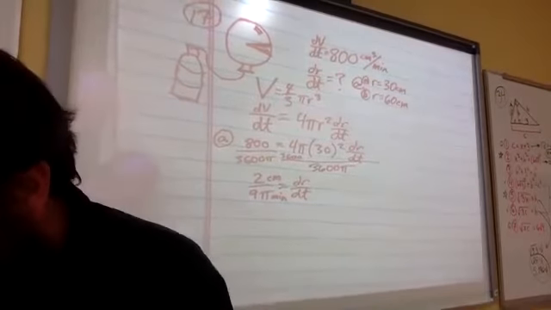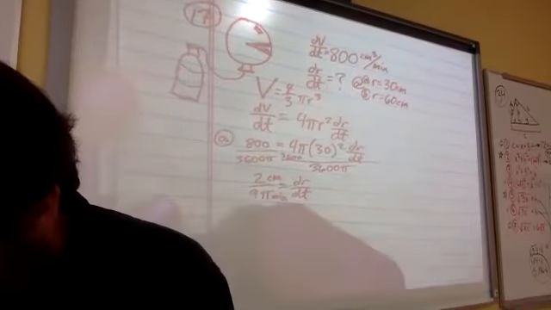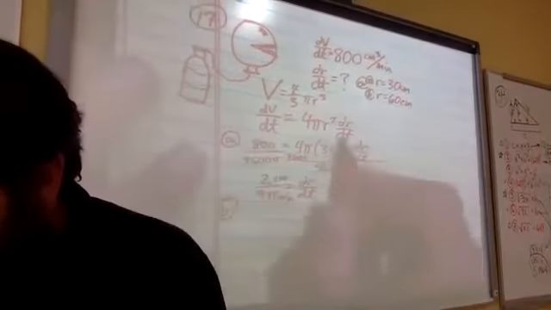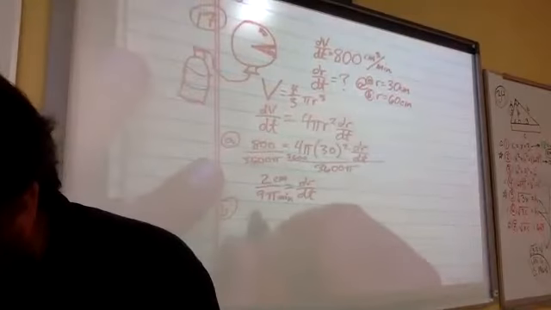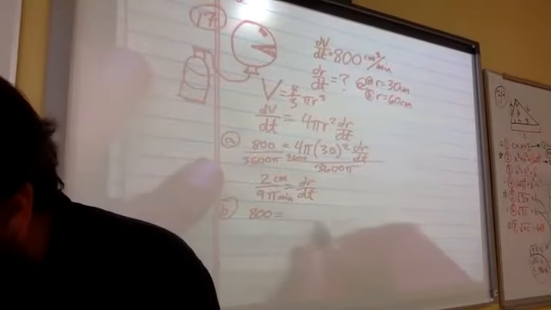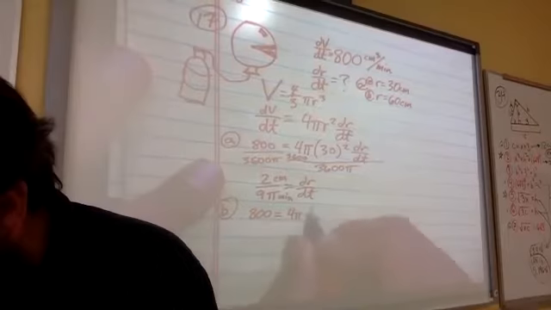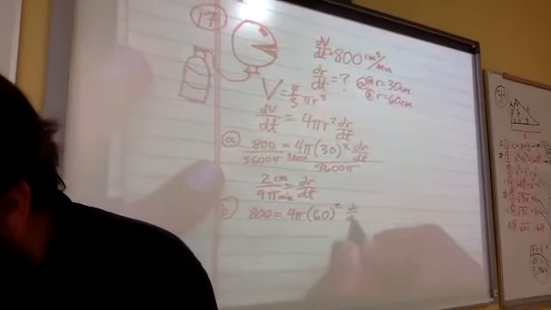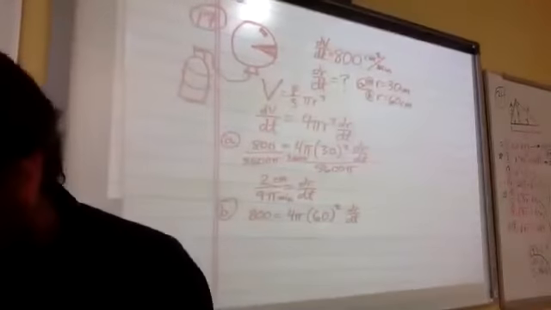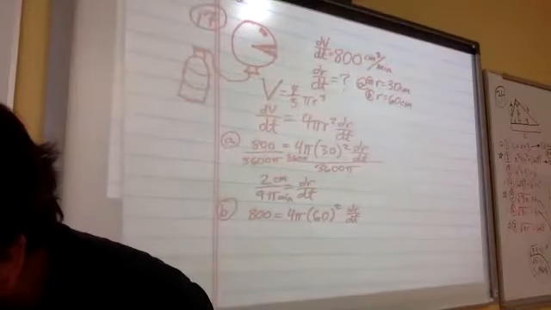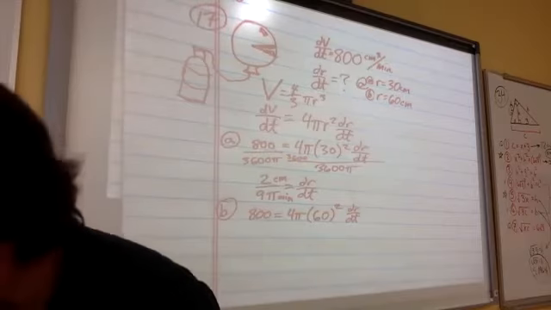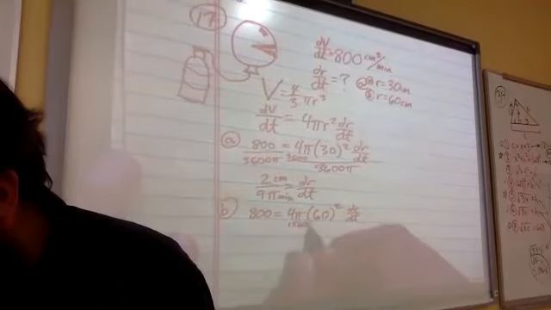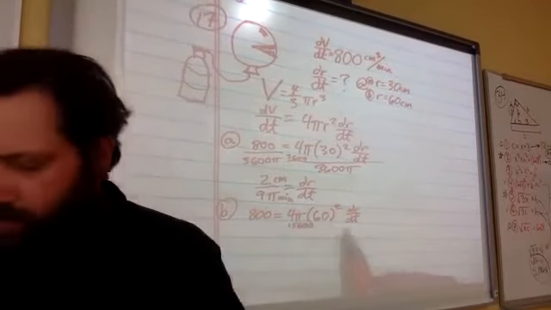And then part B. Maybe the leak is in his mouth. Part B is the same formula, but we're going to change the r values. So 800 equals 4 pi times 60 squared dr/dt. What's 60 squared?